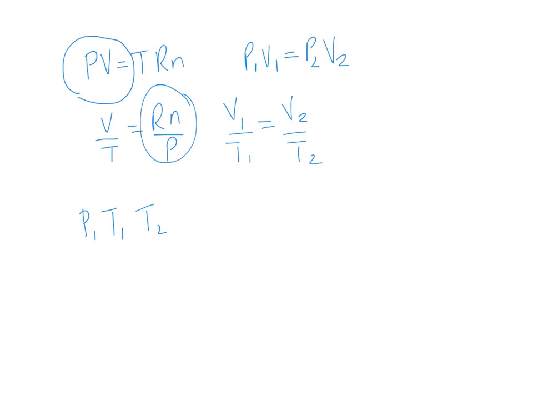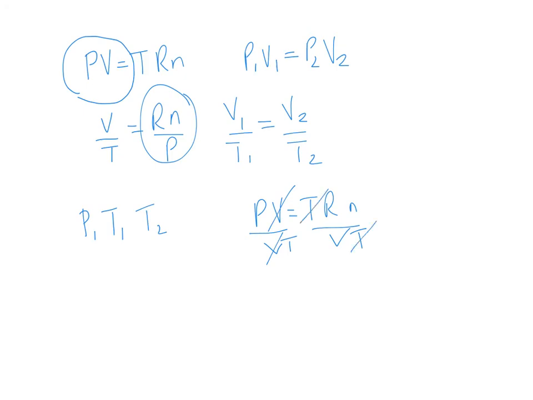So you take a look at the ideal gas law and you rearrange it so it just has those variables in it. So I want to get P and T only in the equation. So I'm going to divide both sides by V and then divide both sides by T. So V cancels.